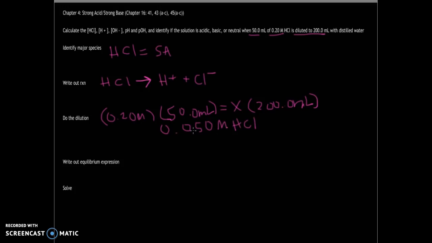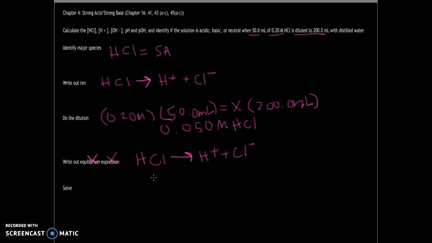All right, so the next step that tends to be what comes next after you have to do math is write out the equilibrium expression. The thing is, this is not going to equilibrium because it is a strong acid. So this is not an equilibrium expression. It's just a reaction. HCl 100% ionizing into H plus and Cl minus ion.